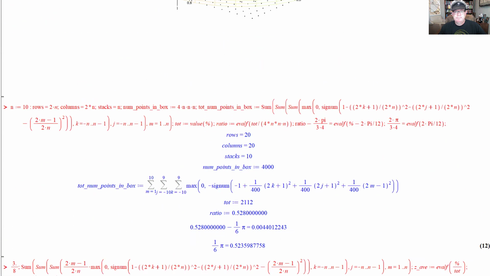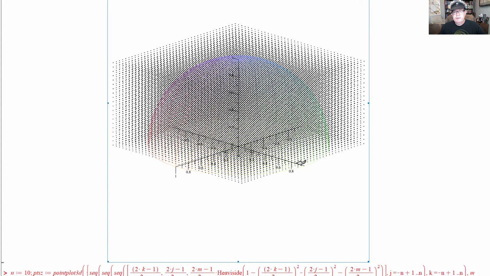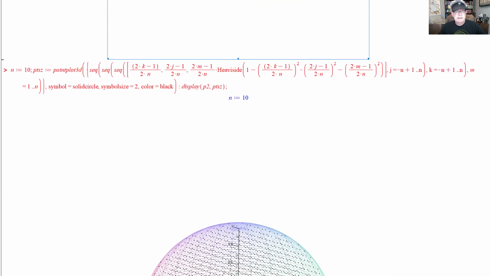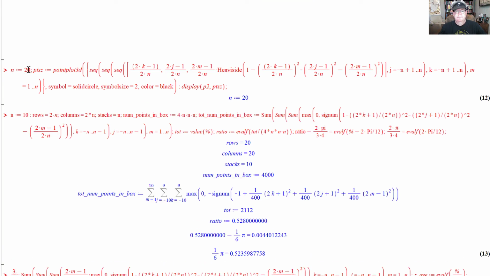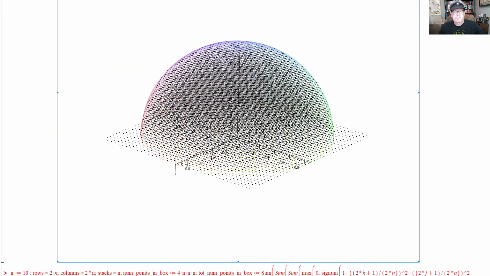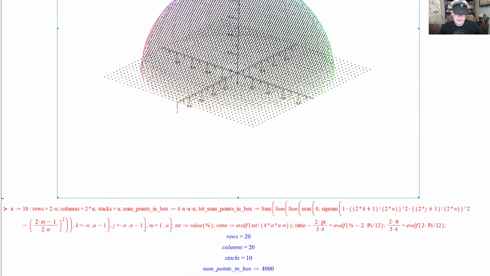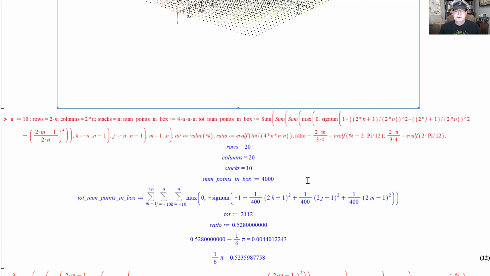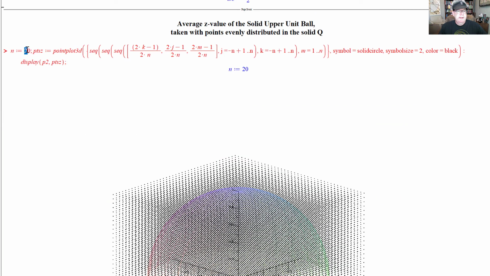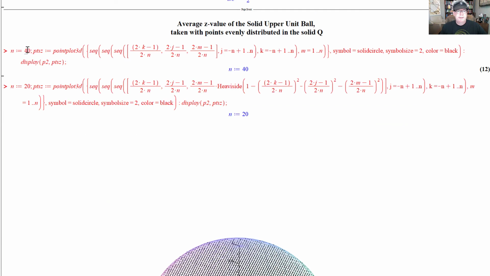So I'm already pretty close. Let me bump it up. So I think this is 20 by 20 by 10. I think in each octant there of those. Here's the ones that ended up inside the hemisphere. So I'm thinking of the solid hemisphere, not just the surface. I don't know how much more I can handle pictorially.